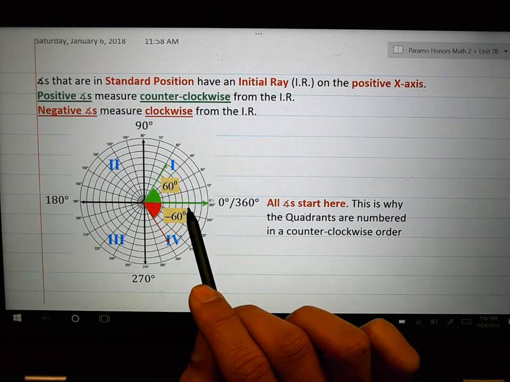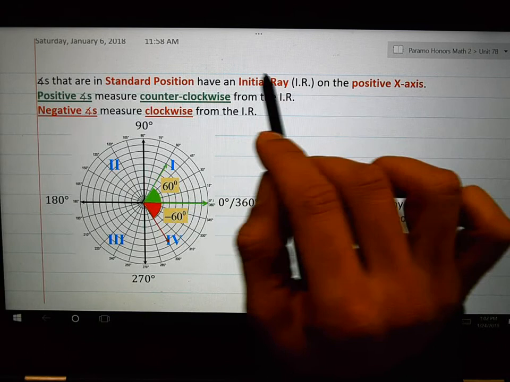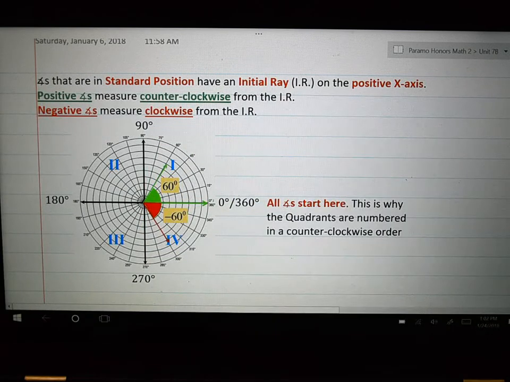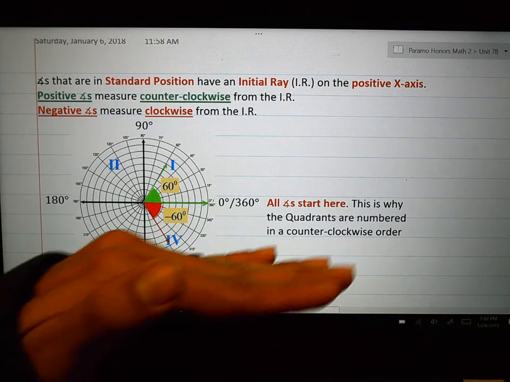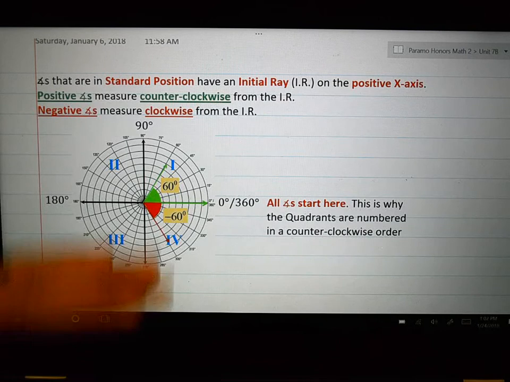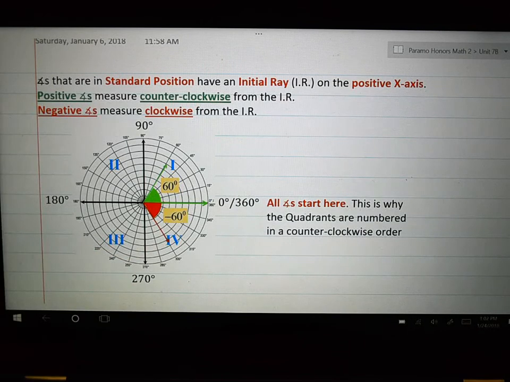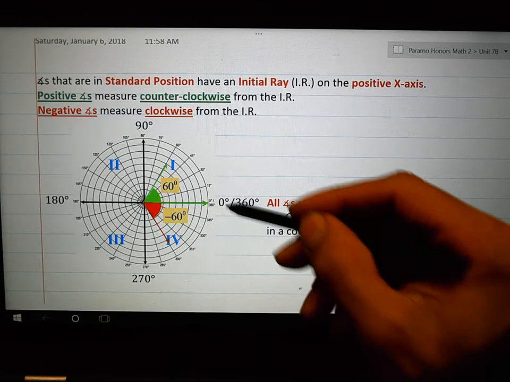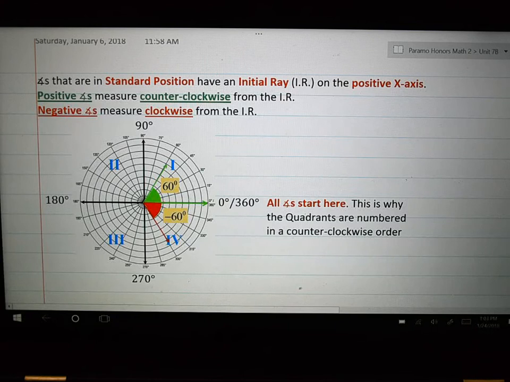Everything we do in this chapter is going to be in standard position, starting here and then going whichever direction that we tell you to do, or how far the angle would be. Positive angles go counterclockwise from the initial ray, and negative angles measure clockwise from the initial ray. All angles are going to start at this place.